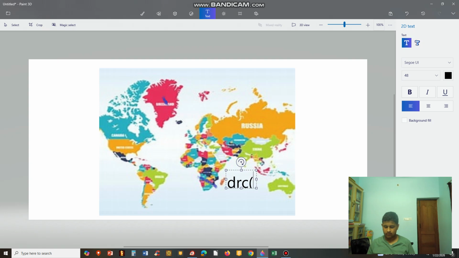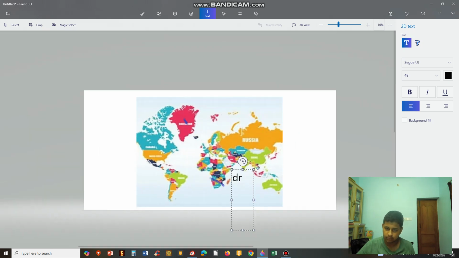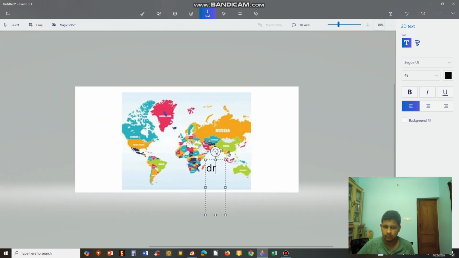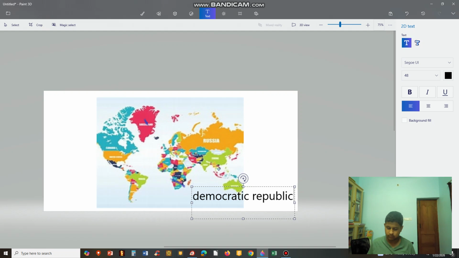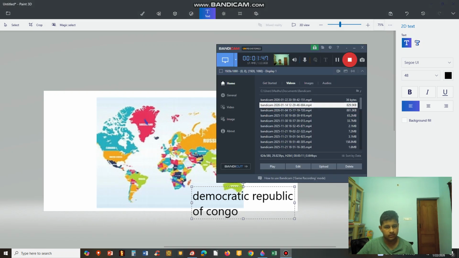DRC, or Democratic Republic of the Congo. This nation, when seen on the map, looks like it's smaller.